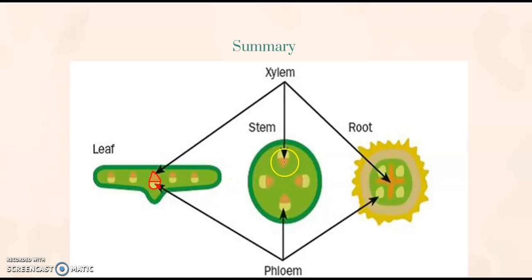In the stem, the phloem is on the outer side over here, and xylem is on the inside. And in roots, we can see that the xylem is actually making a star shape, and between the arms of this star shape, we can see tissues of phloem.